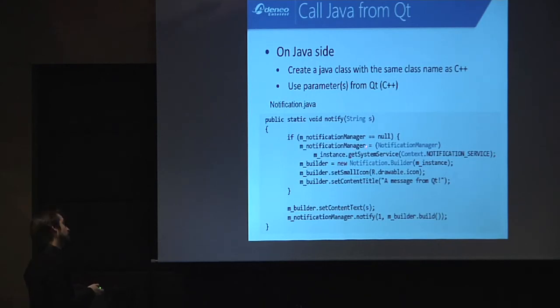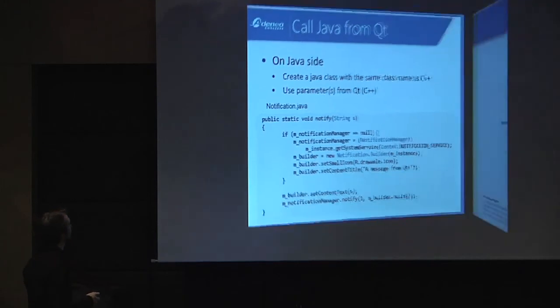We take a pointer to the notification manager and say, okay, I want to display my notification. We pass it the string that we have built, and then let's go. If you have not done any Android development already, you can see that that's quite different from C++ Qt, and probably you want to stick with C++ when you can.